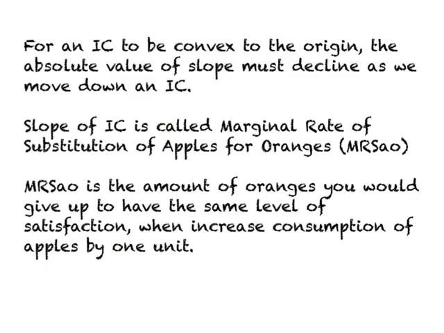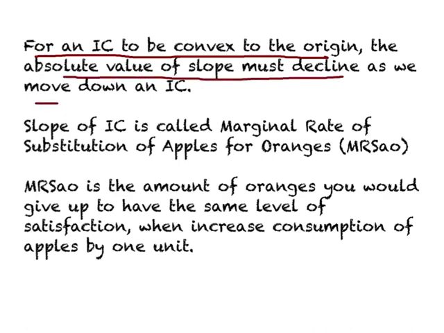Now, based on the previous diagram, we know for an indifference curve to be convex to the origin, what we require is the absolute value of slope must decline as we move down an indifference curve.